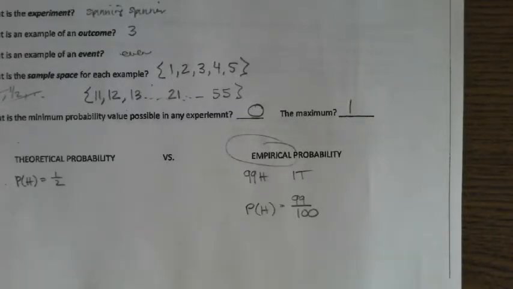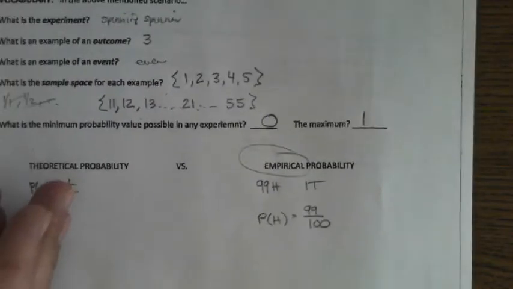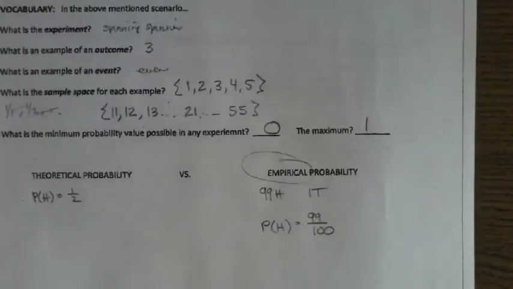But if you're going to base it on empirical probability, you would go that way with it. And so, again, depending on the situation, you might choose to follow your theoretical gut, or you might choose to follow what the empirical evidence has shown you. Okay? Have you heard the word empirical in science class?